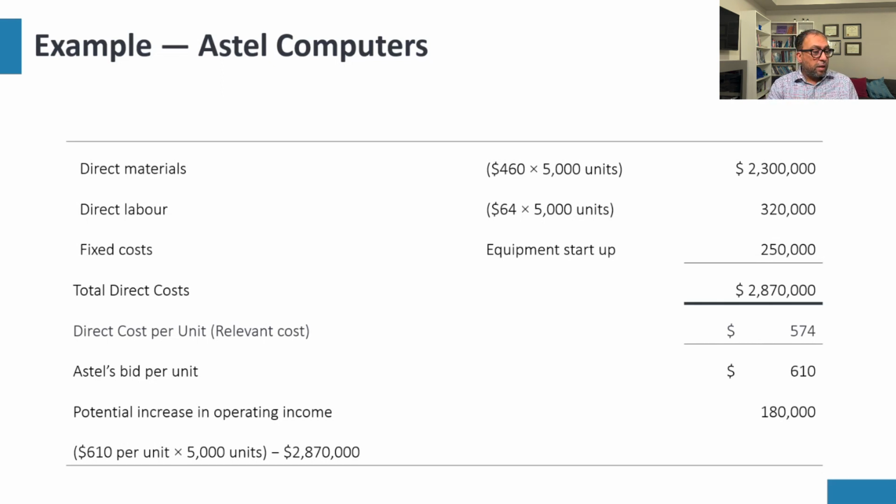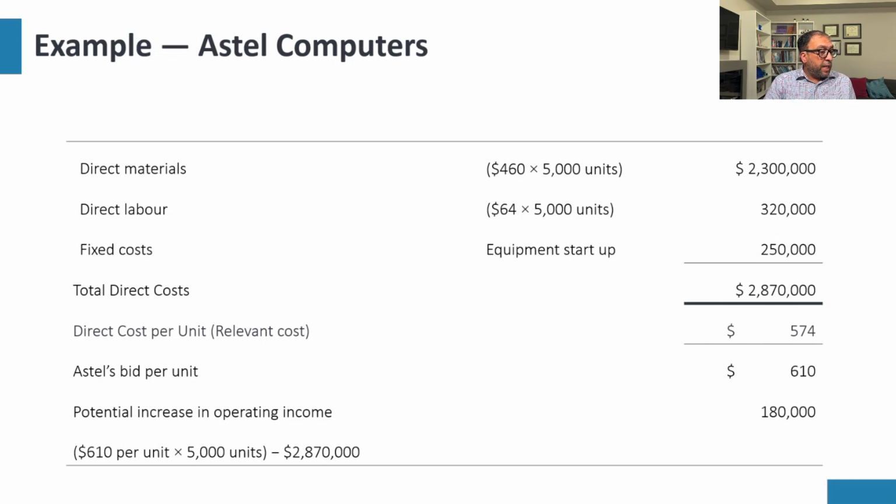We know that 5,000 multiplied by 610. So the total revenue we are generating is 610 times 5,000 minus 2.870 million. So the potential increase in net income is 180,000.